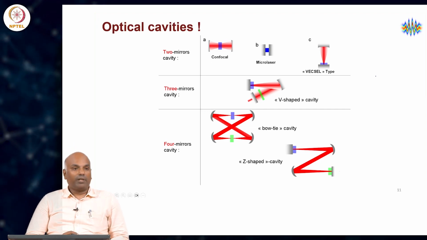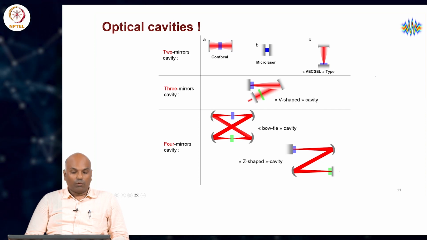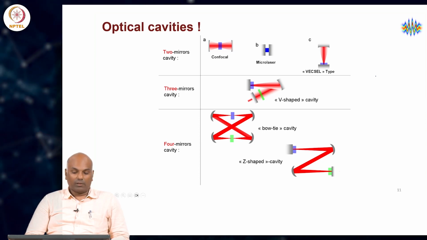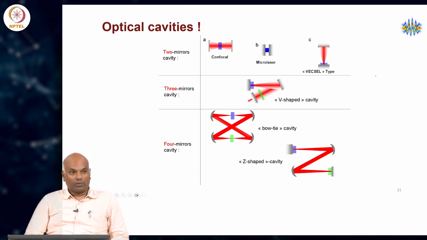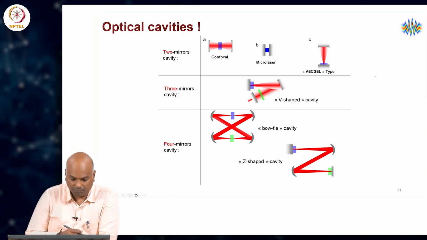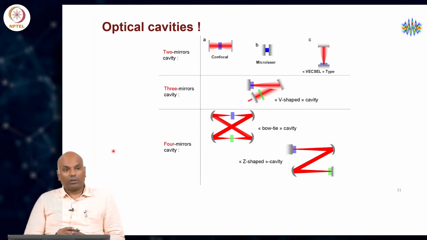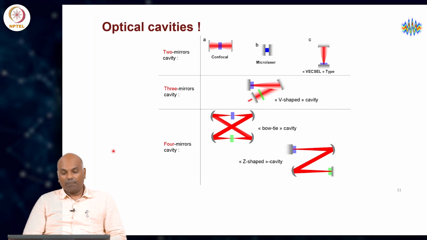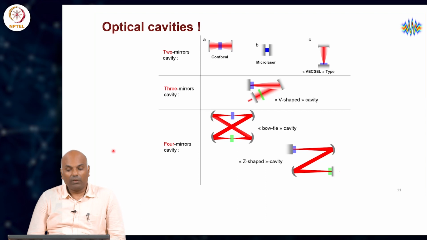So, optical cavities can come in different shapes, right. It could be a 2 mirror cavity, it could be multiples of these, 3 mirror, 4 mirror, and so forth. But then as we discussed in the previous lecture, there is a formal theory for the stability of these cavities.